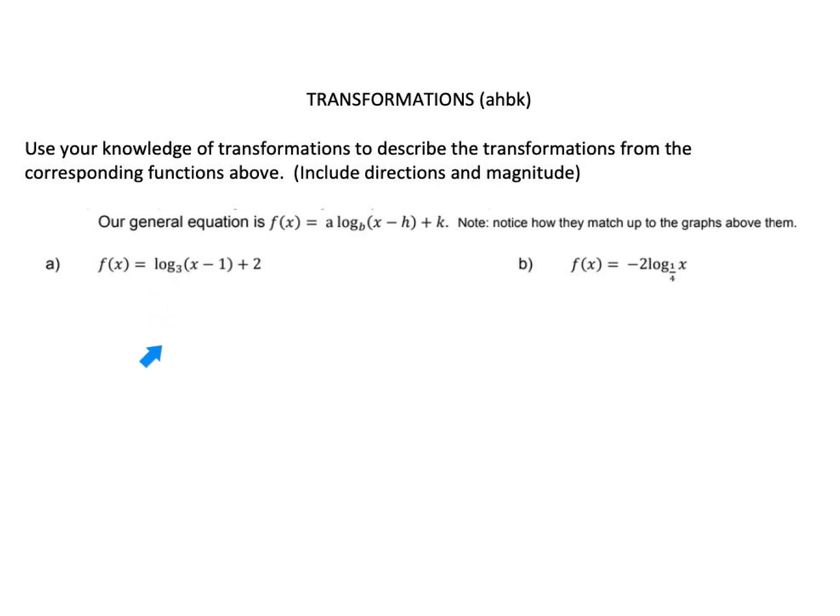All right, so let's think about how f of x would be transformed from the parent function. Well, consider what the parent function would be. It would be y equals log base 3 of x. All right, so let's see what's happened. I see this -1 and then this +2, so I've got to think about the correct order.